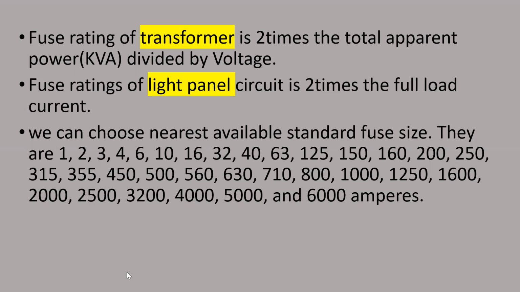So these are about how to calculate the fuse ratings. We find the fuse rating by using the full load current value, which is calculated by the formula power divided by voltage. Okay, moving to the next slide.